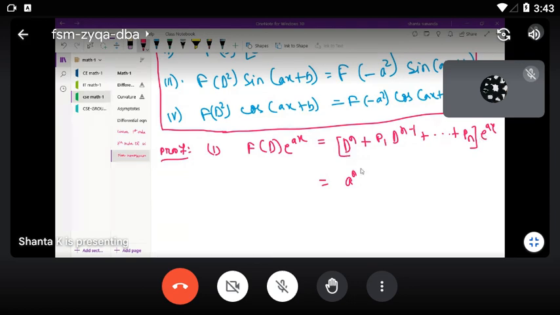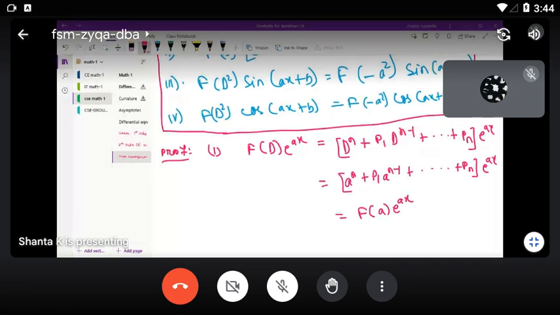If you differentiate n times, you get a^n. Similarly here p1 a^(n-1) and it goes on, and the last one remains the same with e^(ax). This is nothing but f of a. So I did this for the nth order; you can do it similarly for the second order. Similarly the others also have simple proofs.